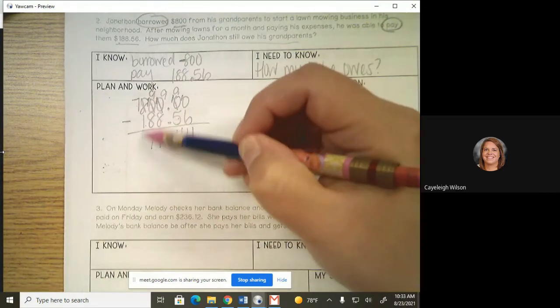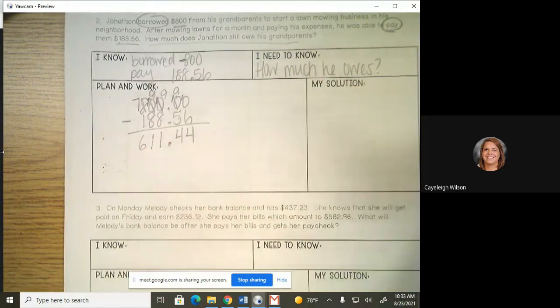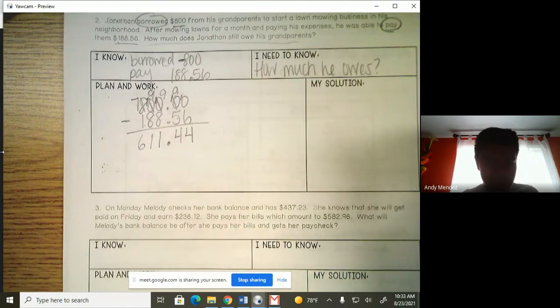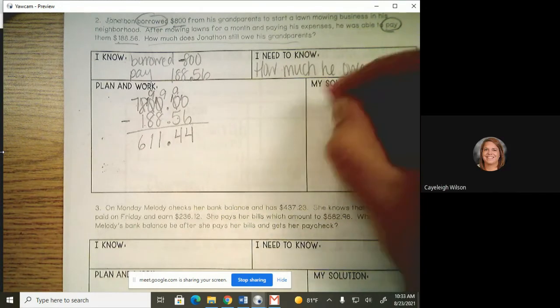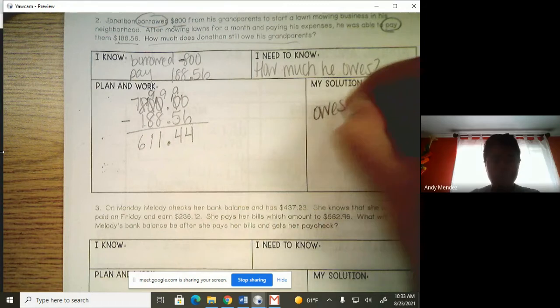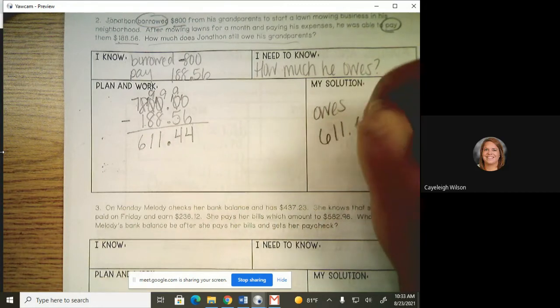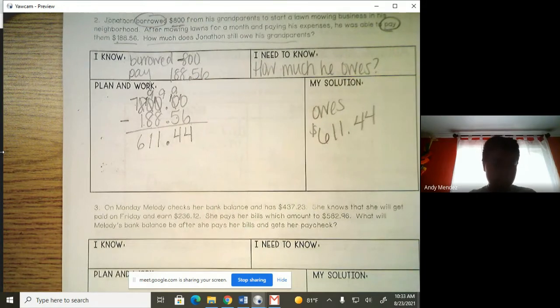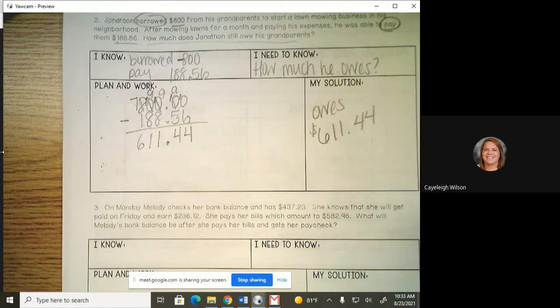And 7 minus 1 is 6. So he still owes $611.44 to his grandparents. And you can put a negative in front of that if you want.